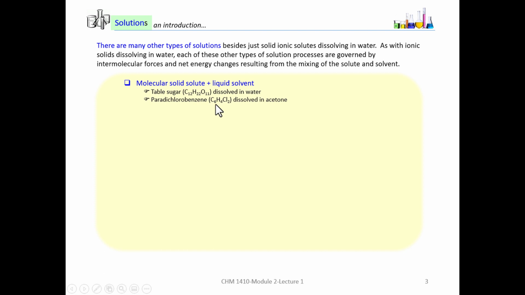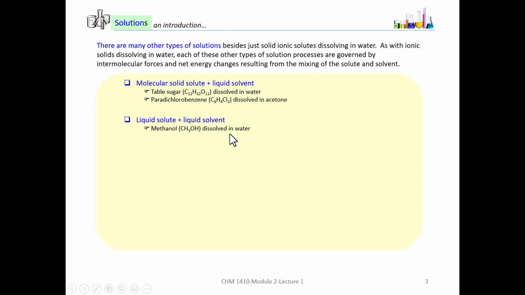Para-dichlorobenzene, which is a very smelly organic molecular solid, is in fact not soluble in water, but it will dissolve in a liquid solvent called acetone, which you've probably used in a lab in the past. How about a liquid solute dissolving in a liquid solvent? Well, this is easy. Methanol, an alcohol, wood alcohol, dissolves in water.